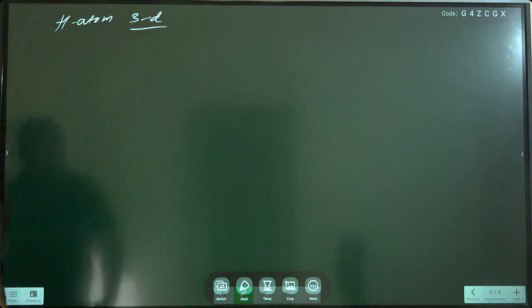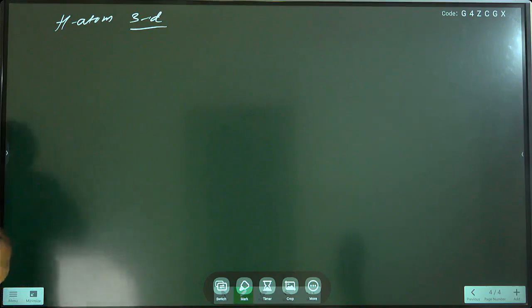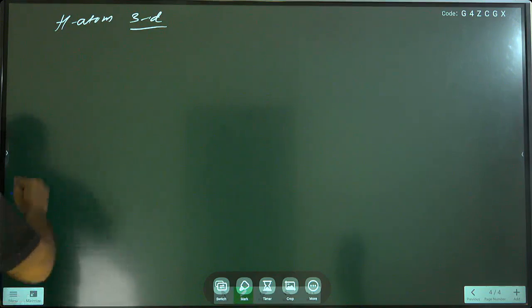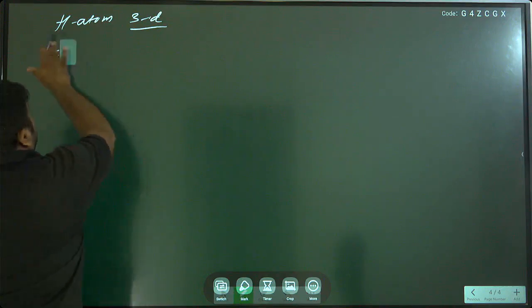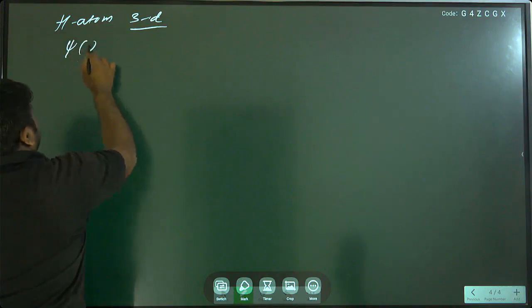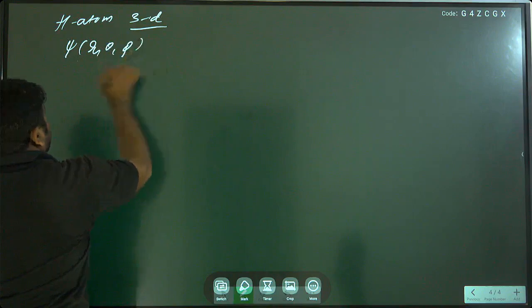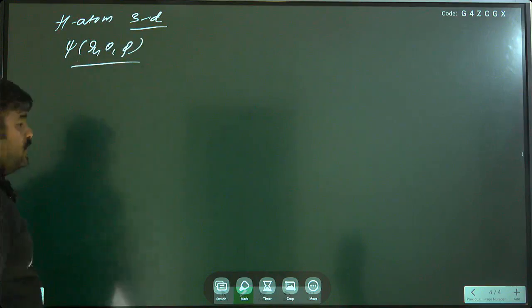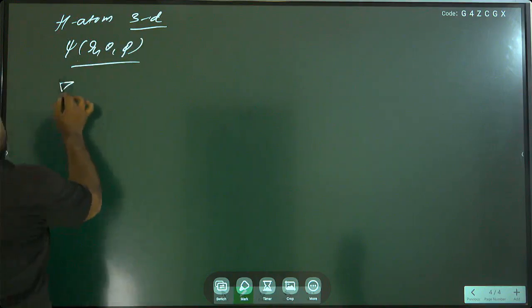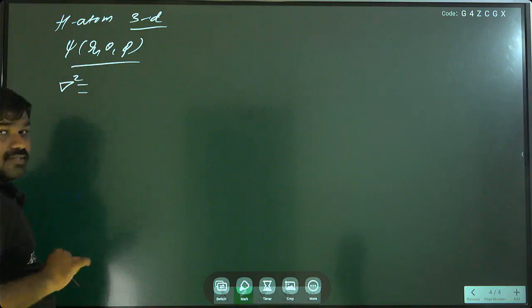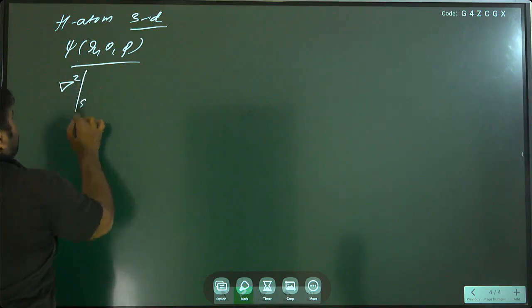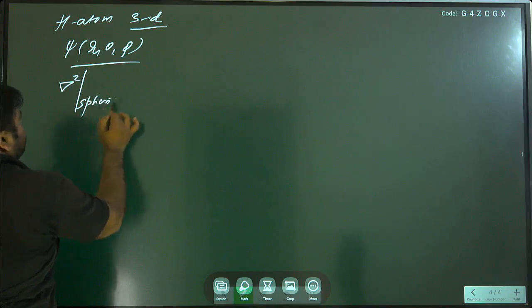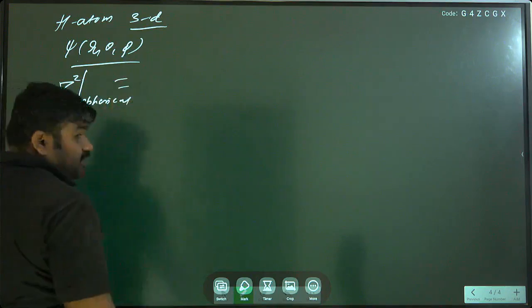Okay. Now in a 3D system, what is the del square? The hydrogen atom is a function of r, theta, phi. Then what is the del square formula in the spherical system? What is the general formula?